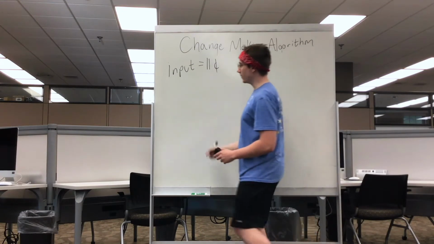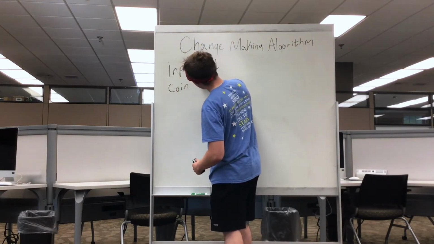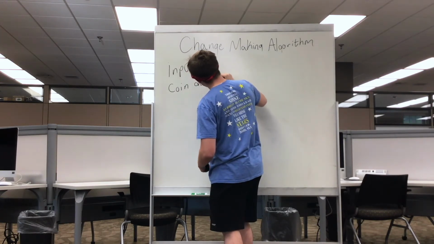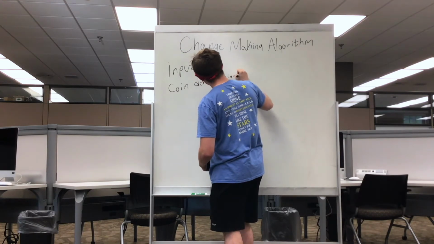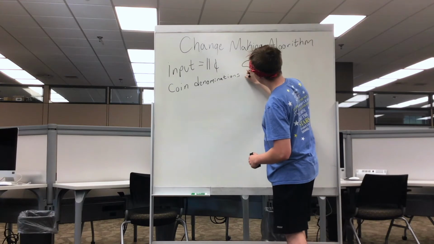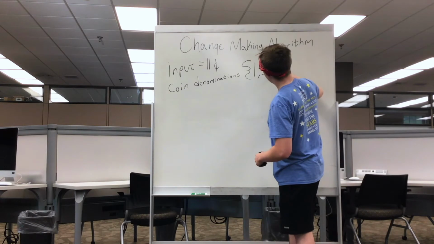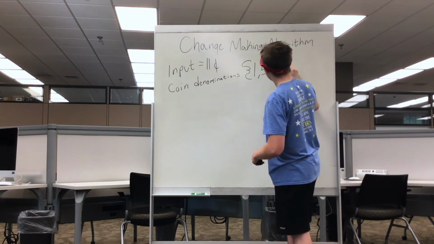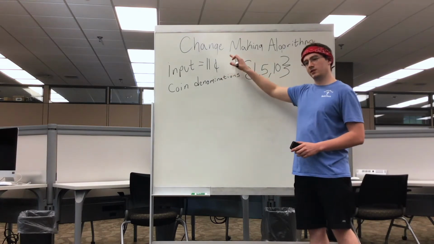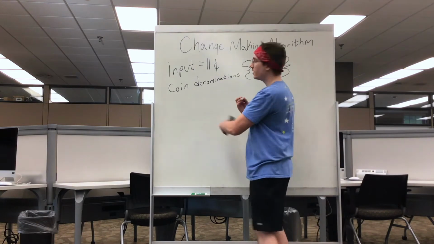And then our coin denominations, as I said earlier, are going to be 1, 5, and 10. So given our input and our coin denominations, we can use this algorithm to figure out how many we would need. So given these, what is our first step?